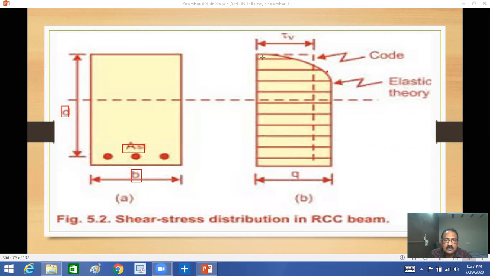Okay, so this is the shape of the shear distribution in an RCC beam. You have to draw this in the examination.